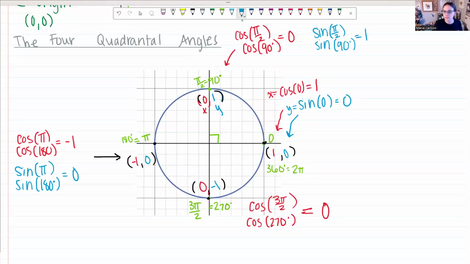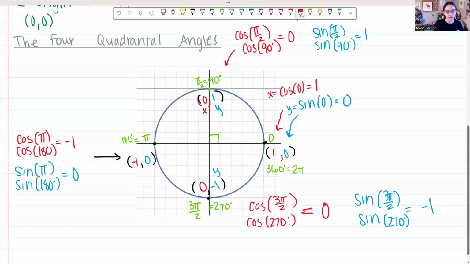And the sine of 3 pi over 2, or the sine of 270 degrees, is equal to -1, because our y value here was -1, so that is the sine at this angle, and x is 0, so that is the cosine at this angle. So x is always cosine, because c comes before s. That's one way you can remember it. And then y is always sine.